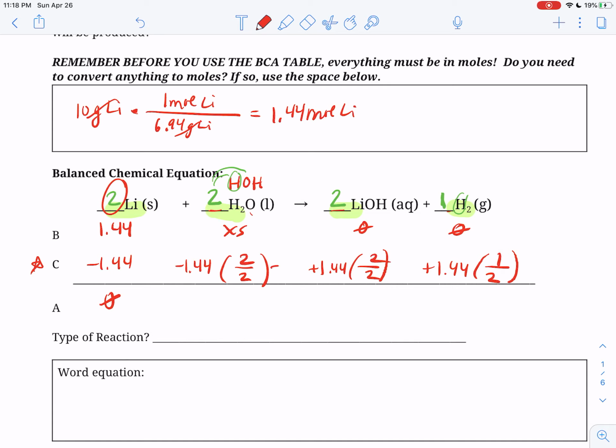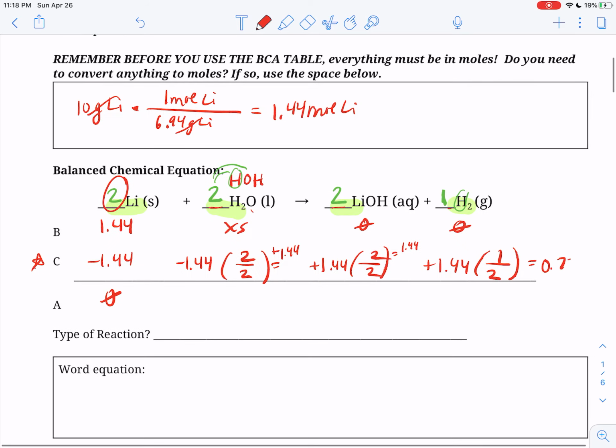All right, so that's just going to be 1.44 times 1, same thing here. Okay, and this is going to be half, which is going to be 0.72. Okay. All right, so excess, again, we don't really care so much. Here, 0 plus 1.44 is going to give me 1.44 here and 0.72 here.